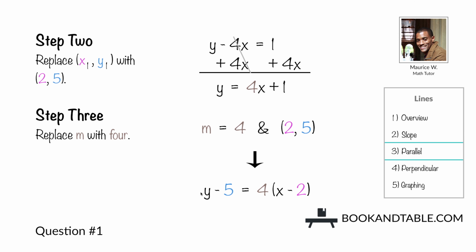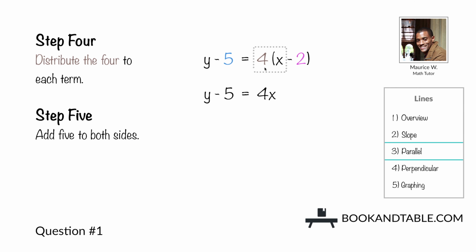And now we have the information that we need to figure out the equation of the parallel line. So step 4, distribute the 4 to the x and the -2. 4 times x is 4x. 4 times -2 is -8. That leaves you with y - 5 = 4x - 8.